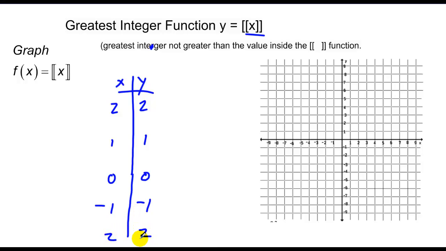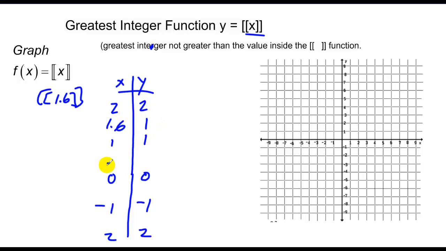However, what happens if I plug in some decimals, like 1.6? What integer, when I plug this in, so the greatest integer of 1.6, is not greater than 1.6? Well, I can't say 2, so my next integer that is not greater than 1.6 would be 1.